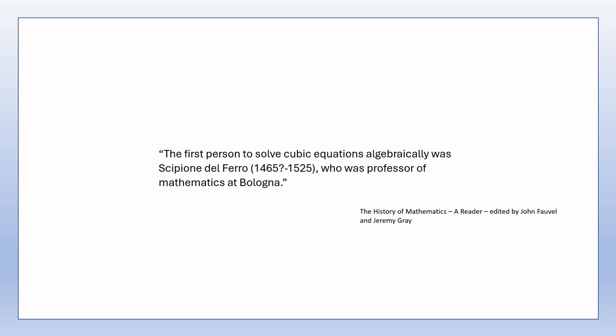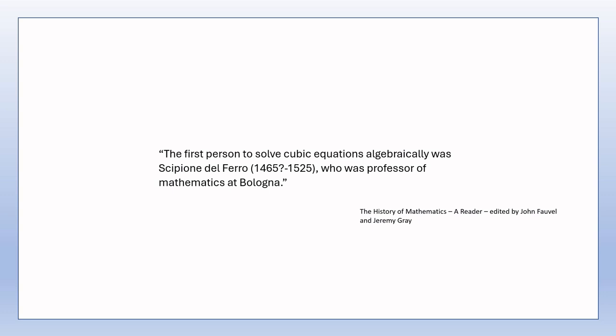This is not to suggest that Del Ferro was the one who first discovered the formula that I've given previously. In modern mathematics, we're able to consider all cubic equations as being of a single form, ax cubed plus bx squared plus cx plus d equals 0, where the coefficients can be positive or negative or whatever. However, in the past, only positive coefficients were considered, and so there was a multitude of different forms that cubic equations could take.